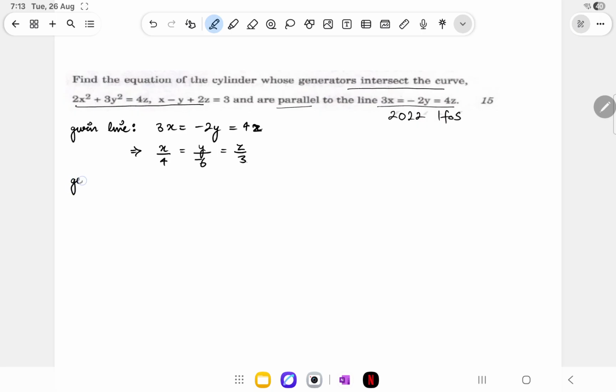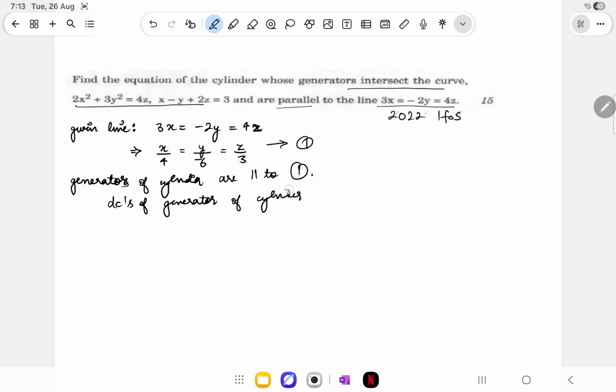So it is given that the generators of the cylinder are parallel to this line. So from here, the direction cosines of the generator of the cylinder will be proportional to 4, minus 6, 3.